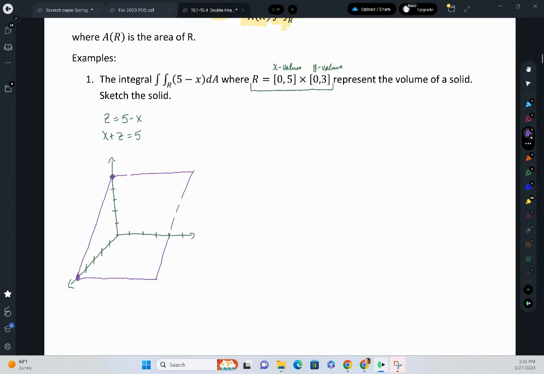Now, the region of integration, and I'm going to use a different color here, my x values go from 0 to 5. Okay, I've already got that. And my y values go from 0 to 3. Okay, so now I can draw parallel lines to indicate the other sides of that rectangle. Okay, this is my region of integration.